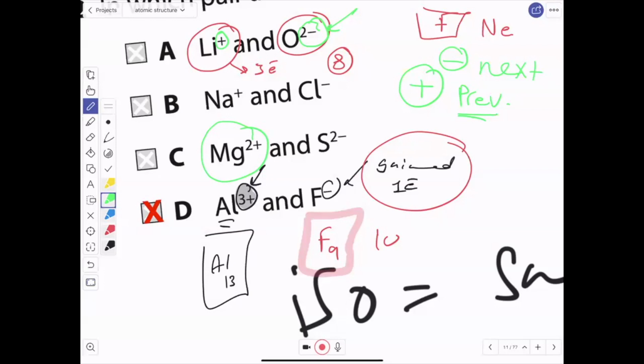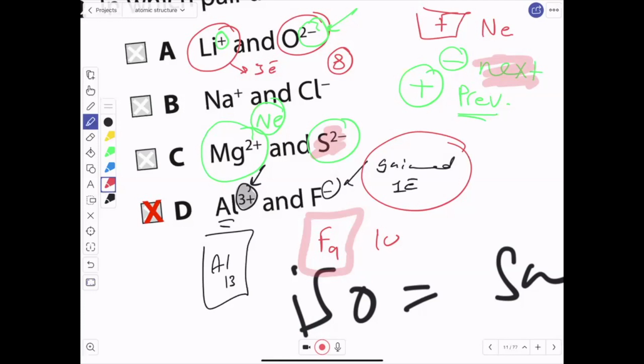Neon. Neon is a noble gas. Yep. Sulfur will be just like the next noble gas. The next noble gas to sulfur, the one that comes right after it, is argon. You see here, they're not isoelectronic. Okay?